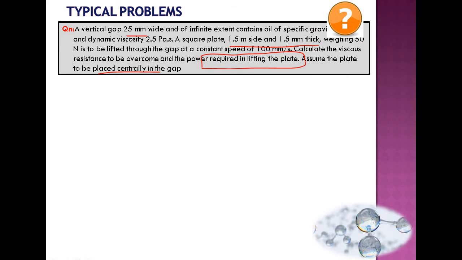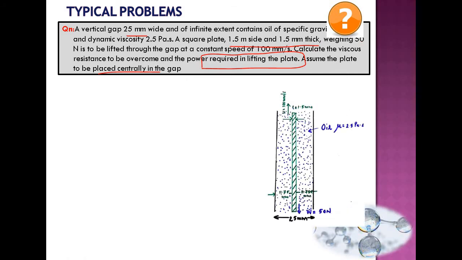Okay, so we will draw the arrangement first. So this is the arrangement I have drawn. This is the vertical gap, the width is 25 millimeter, and a plate is placed here. It is having a thickness of 1.5 millimeter. So what is the remaining space? If you place a 1.5 millimeter thick plate inside the 25 millimeter gap, the remaining gap is 25 minus 1.5, that will give you 23.5.